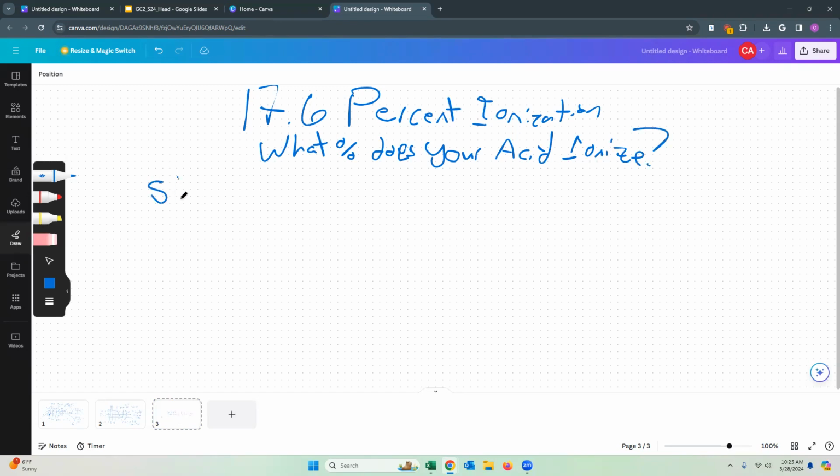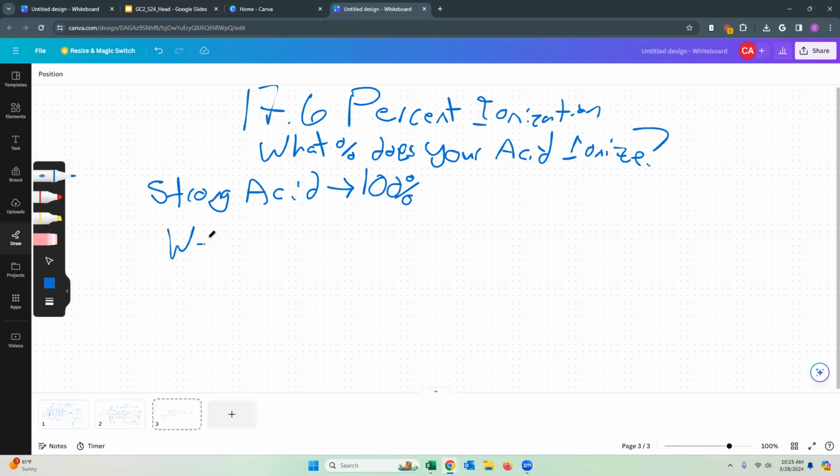And for strong acids, that's easy. It's 100%. That is what the definition of a strong acid is. It dissociates 100%. The percent ionization is 100.